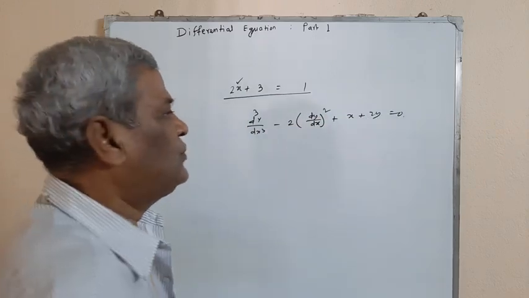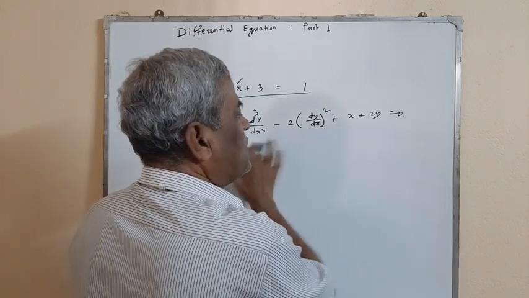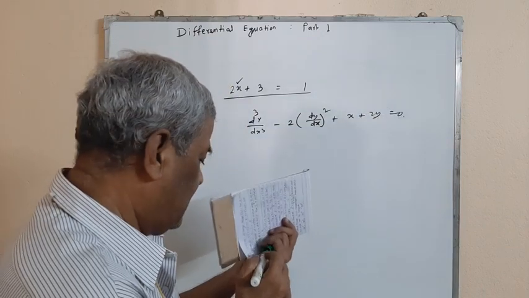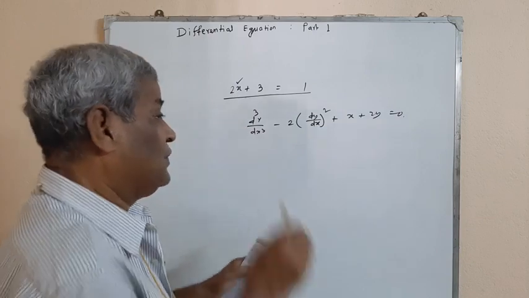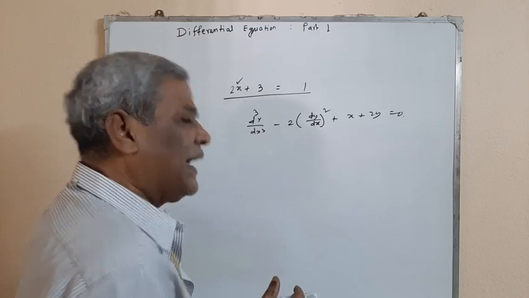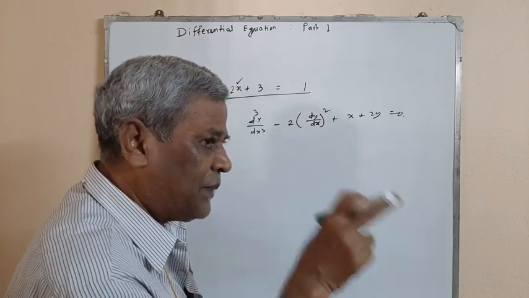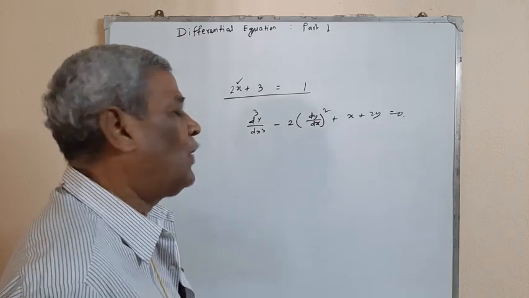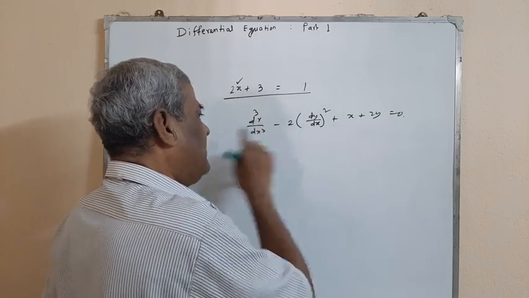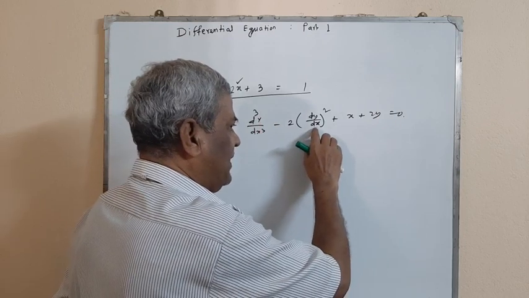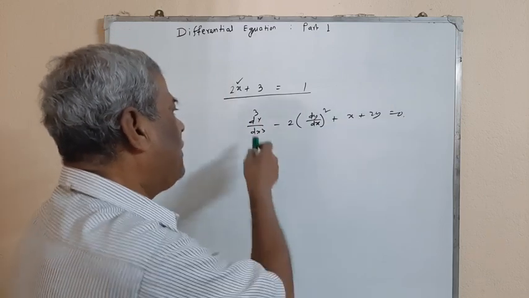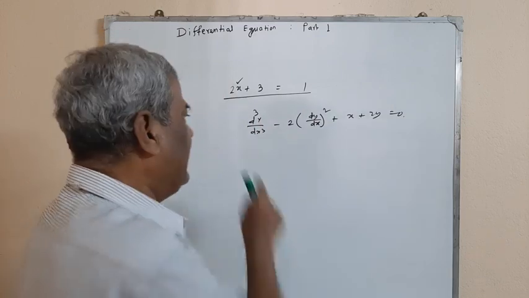It is a differential equation because two expressions are equal, and here at least one derivative is present. Here this is a third order derivative, this is a first order derivative. So the highest order is 3, therefore the order of the differential equation is 3.